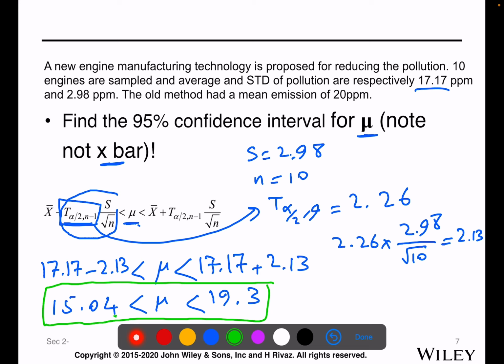The minimum value is 15, the maximum value is 19, right? So this means that with a probability of 95%, mu is somewhere here, right? So it's a similar conclusion to the previous slide where we did the hypothesis testing. Here we don't test the hypothesis, we just calculate the confidence interval, but we see from these results that mu is likely not 20.